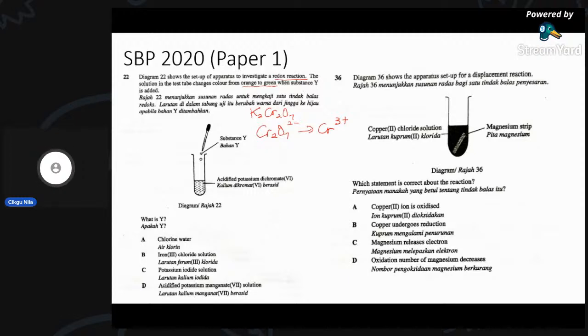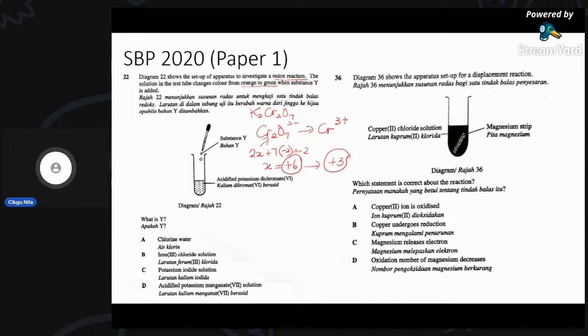Looking at the left-hand side, 2x plus 7 times negative 2 equals negative 2, so chromium is positive 6. Then it becomes positive 3.